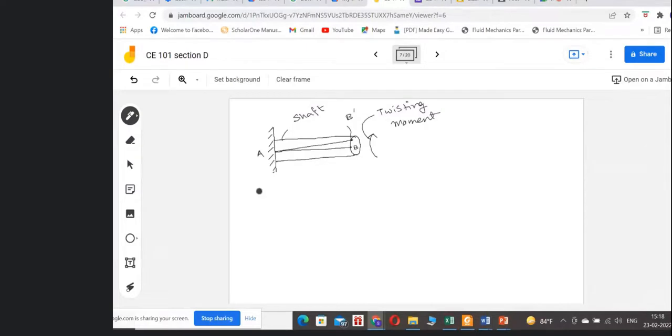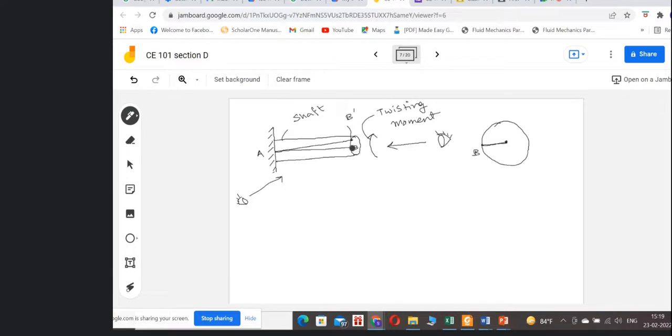And we are looking at this from this side. It's a 3D view. So if we look from this side, what will we see? We will see a circular cross section which has a radius. Now, the point B was the initial point.